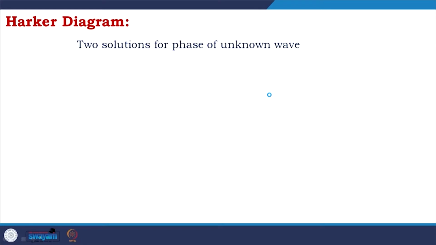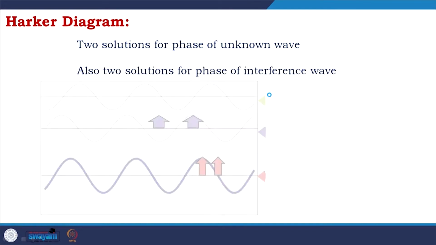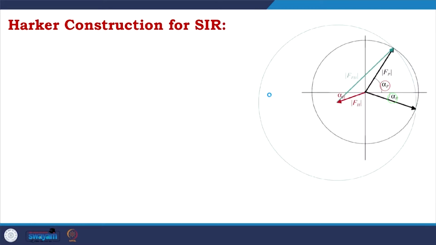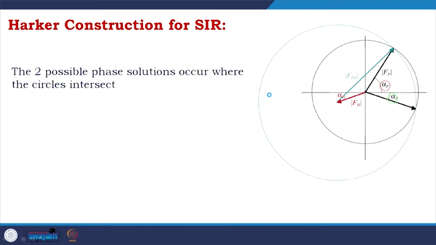Coming to another geometrical representation called the Harker diagram, the two solutions for the phase of the unknown wave are where they meet. If you see, this is the substructure, this is the structure of the protein, and this is the heavy atom derivative. So, in the Harker construction for single isomorphous replacement, the two possible phase solutions occur where the circles intersect.